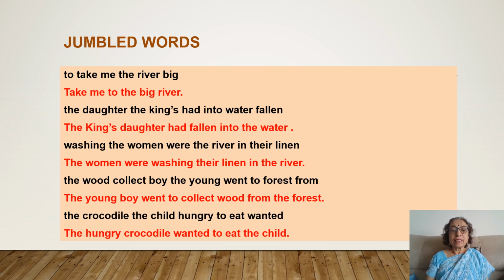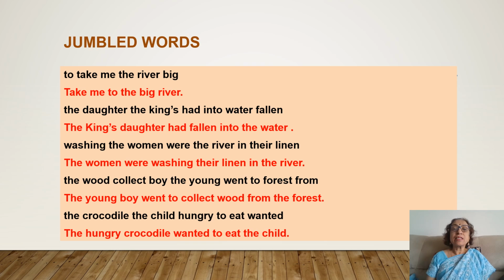Here you find that in black you have a few words jumbled up, and in red you have the correct form of the sentence. Let us look at each of them. To take me the river big. These are the words that are there in the sentence.